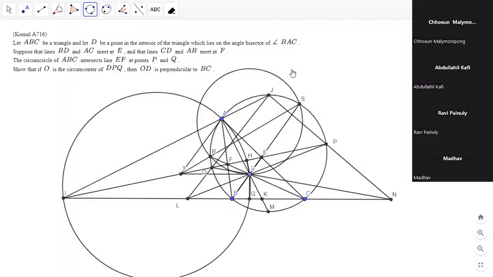And DR over DS is DB over DC, which is sine BCB over sine BBC. Interesting. Oh, and then trig Ceva finishes it, right? Yeah. So AR over AS is equal to DR over DS.